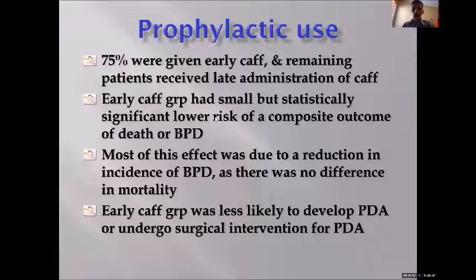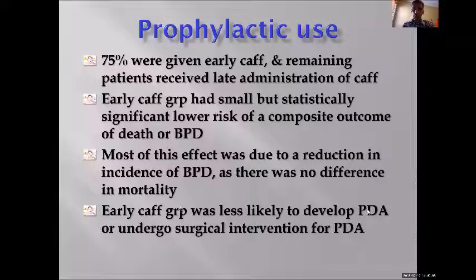It showed that the early caffeine group had a lower risk of the composite outcome of death and bronchopulmonary dysplasia. So there is less death and BPD in the early group. And most of the effect is not death, it's due to BPD, because the difference in mortality is not that big.